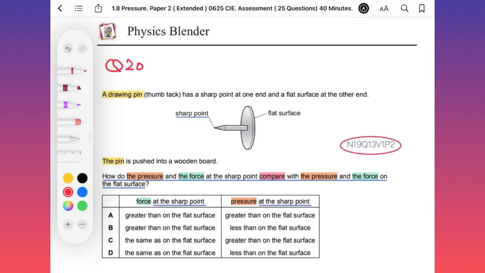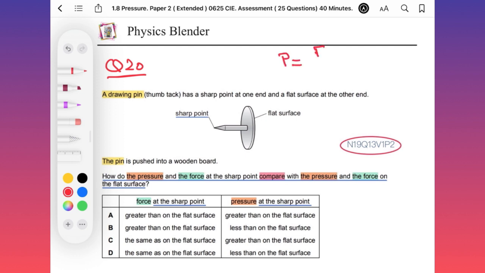Question 20, we have a drawing pin that has a sharp point at one end and a flat surface at the other end. The pin is pushed into a wooden board. How do the pressure and the force at the sharp point compare with the pressure and force on the flat surface? Back to the equation.